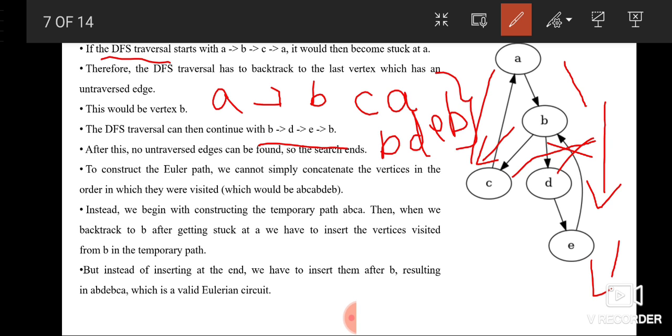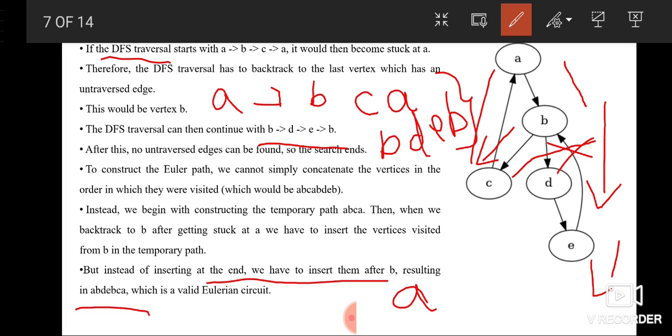Instead, we begin by constructing the temporary path A, B, C, A. Then we backtrack to B. After getting stuck at A, we have to insert the vertices visited from B in the temporary path. Instead of inserting at the end, we have to insert them after B, that is, in the beginning.